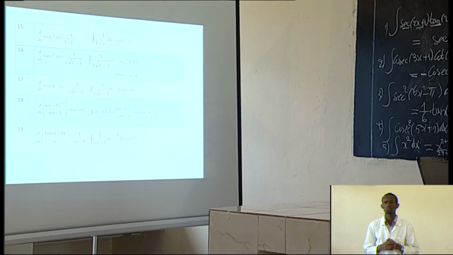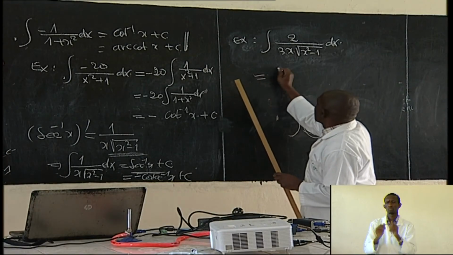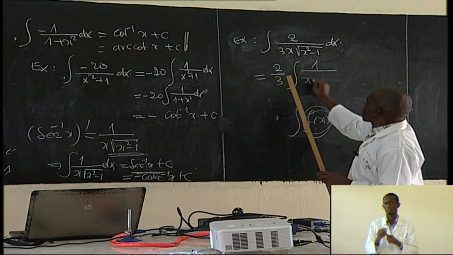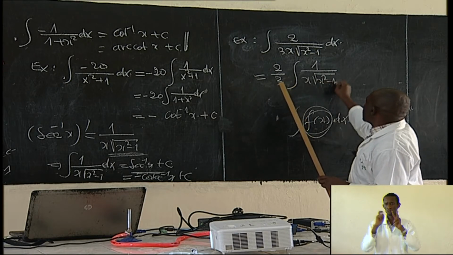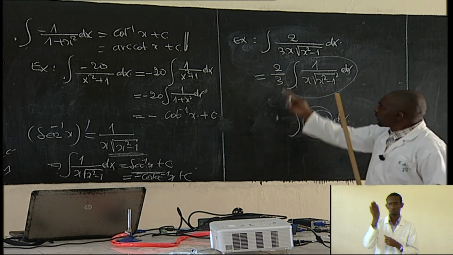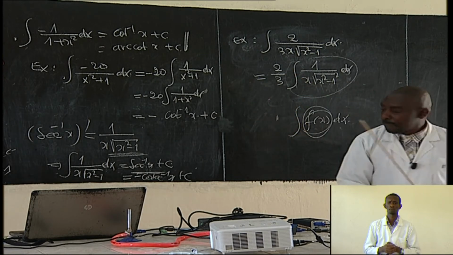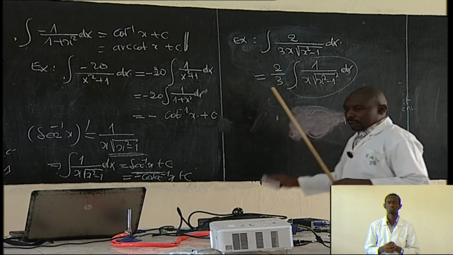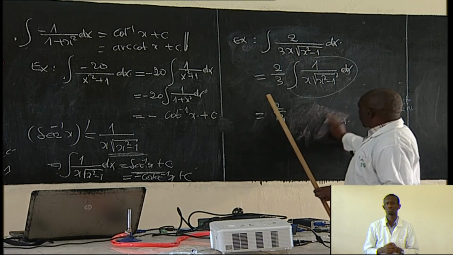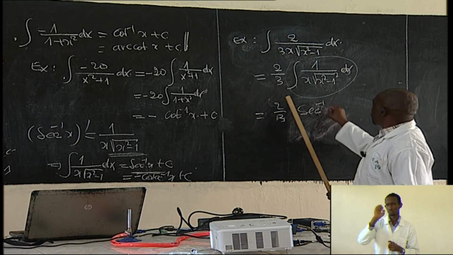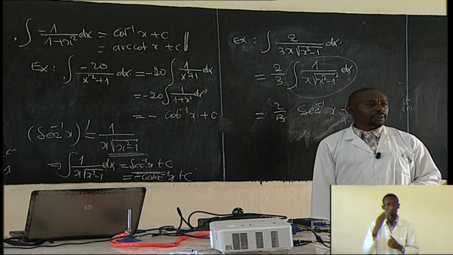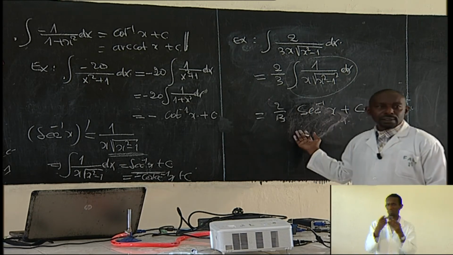There is a constant here. This can be written as 2 divided by 3 times the integral of 1 over x times square root of x squared minus 1 dx. So our formula is here, isn't it? And this is a constant. I'll be having 2 over 3 sec inverse of x, then plus c, and I'm done. I hope it is very easy.